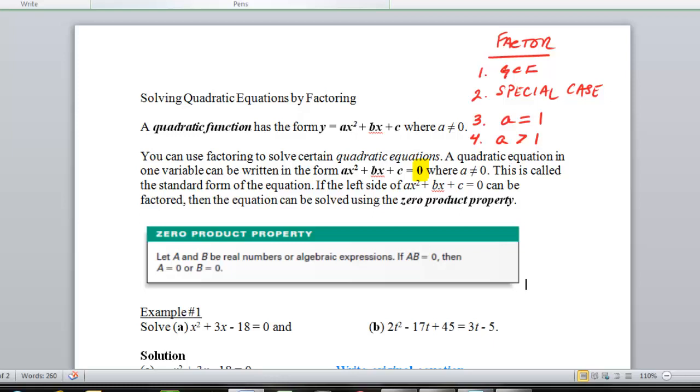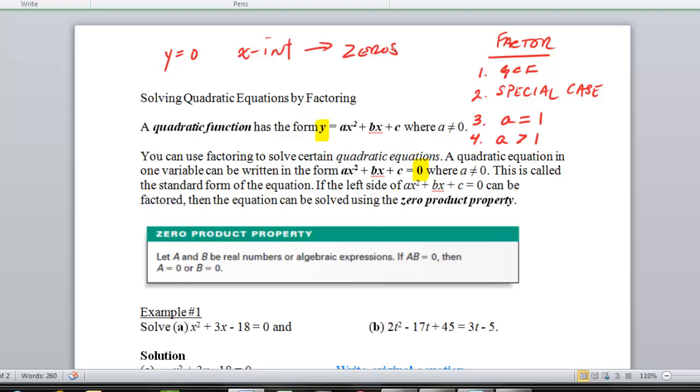If you notice, the 0 represents the y value in this case, so we want all of the x values when y equals 0, and those are just the x-intercepts. So if y equals 0, we're talking about our x-intercepts, and we call those the zeros of the quadratic function. That's some terminology you should be familiar with.